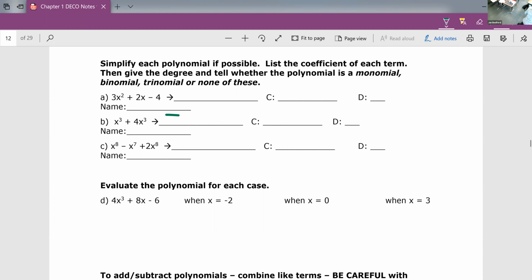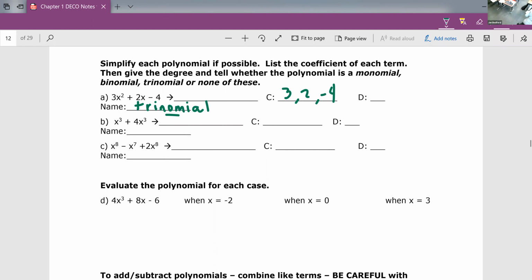No. So since there are no like terms, what's that thing going to be called? Good, because there were how many terms? 3 terms. Now, what would be the coefficients? 3, 2, and -4. Remember, the sign that's in front of a number is going to stay with the number. And that's the only part we're going to fill in.